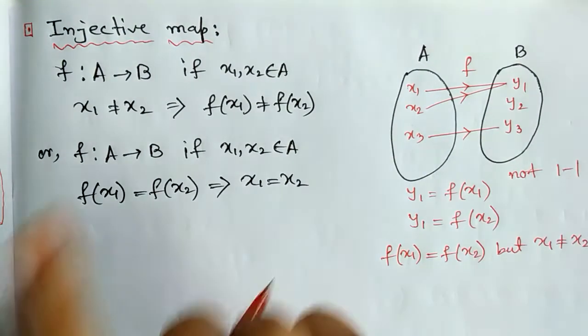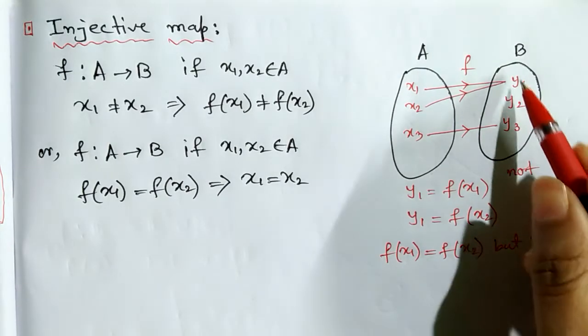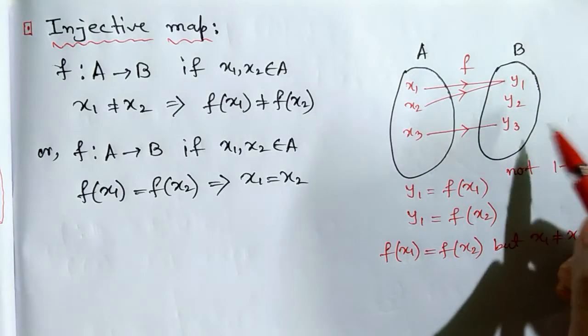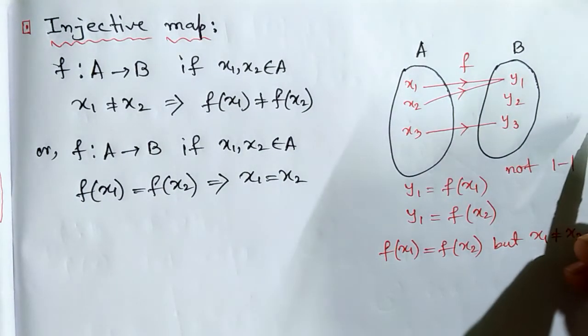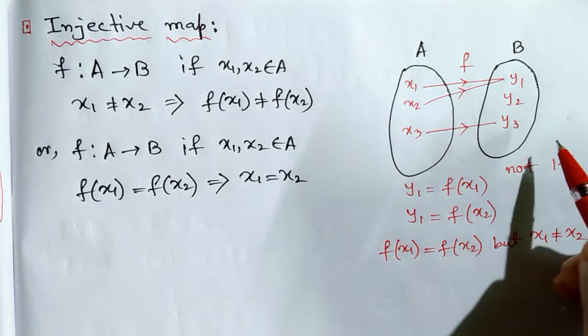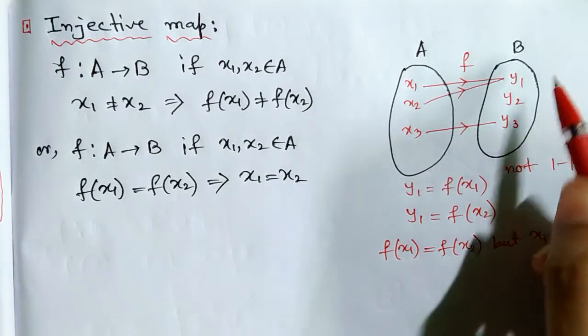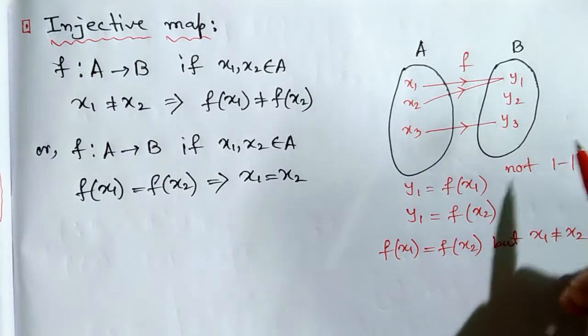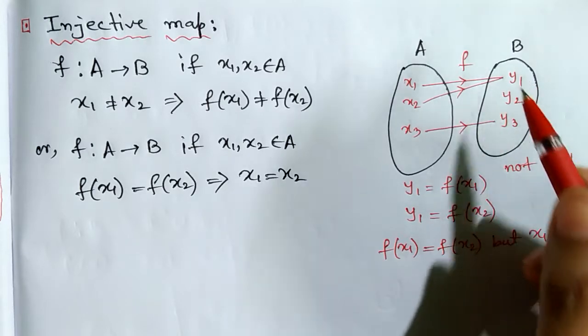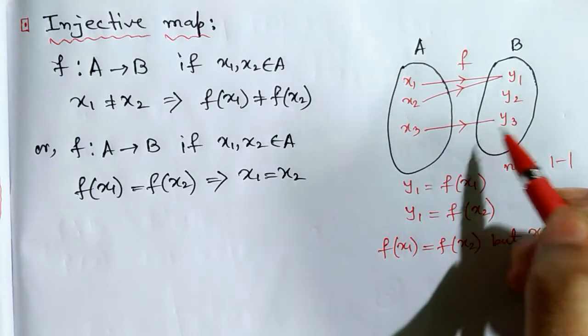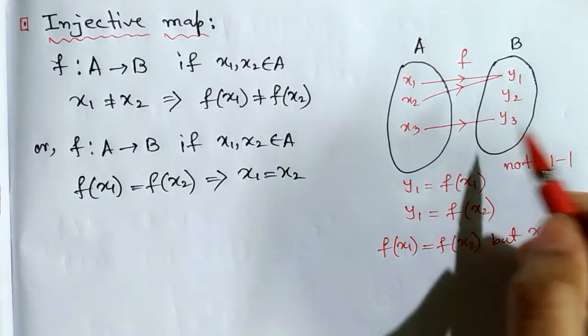In case of injective map, the member of B must have a unique pre-image. It is not necessary for each and every member of B to have a pre-image, but if any member of B has a pre-image, then it should be at most one.